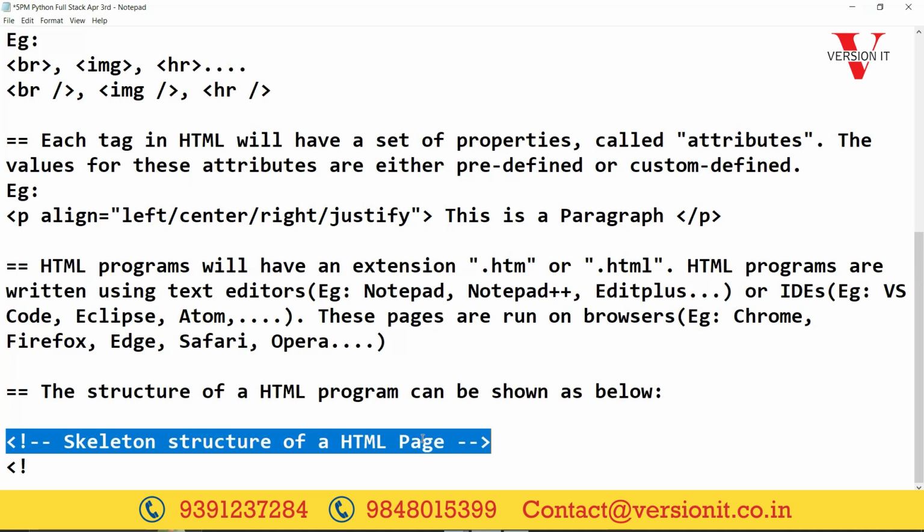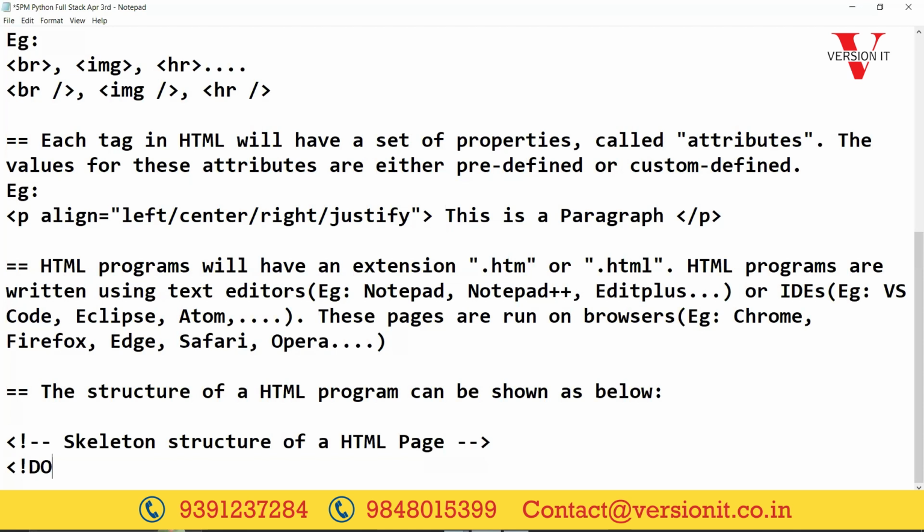And mostly HTML pages by default contain a declaration called doctype html. It's not mandatory, it's optional. Document type HTML means what type of document you are writing? HTML.